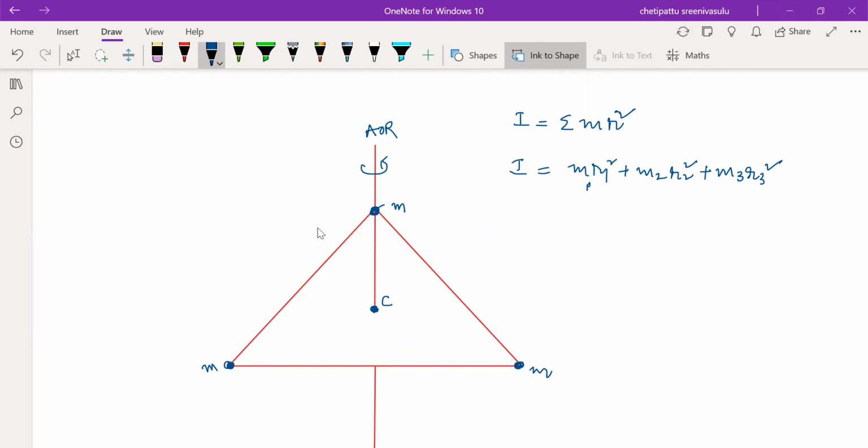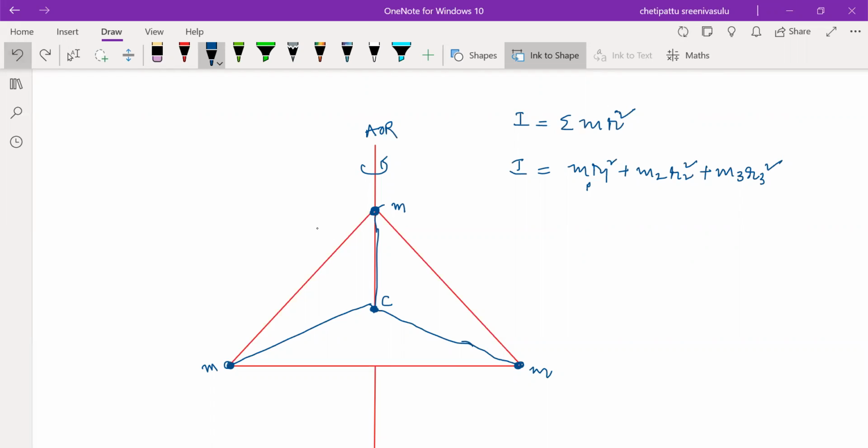Here all masses are the same, and the perpendicular distances are also the same. This distance, this distance and this distance are all the same.